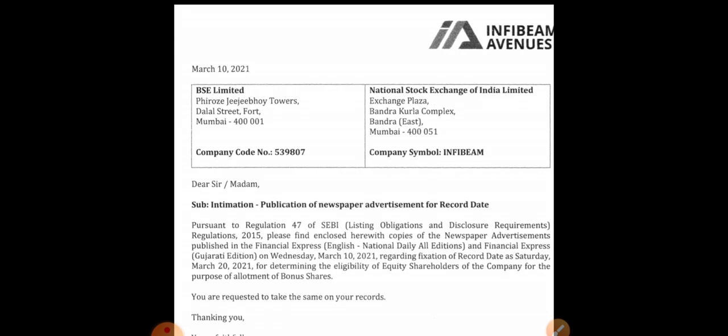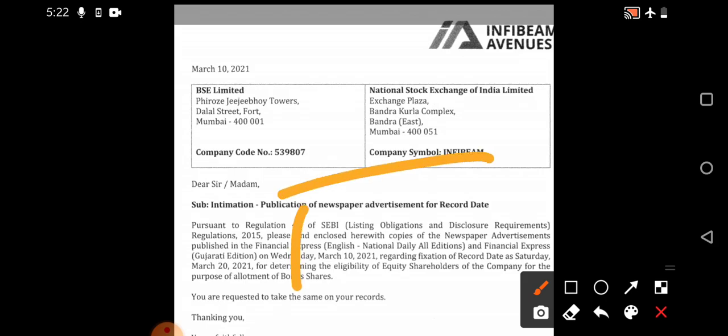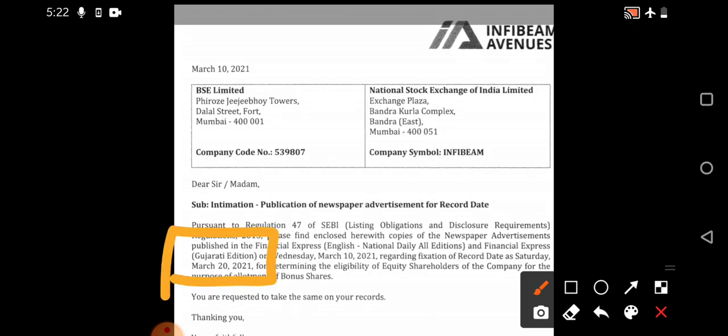Now, first discussing what they have mentioned in this particular document. They have mentioned the record date. Many people are asking about the bonus. Yes, the 1:1 bonus is there, but when is the record date? That is a very important thing. You can see the record date is March 20th. Clearly you can see here, on March 10th they told that March 20 would be the record date.